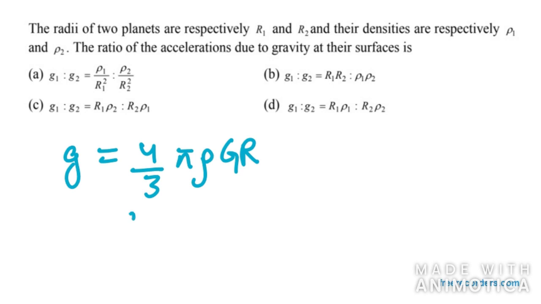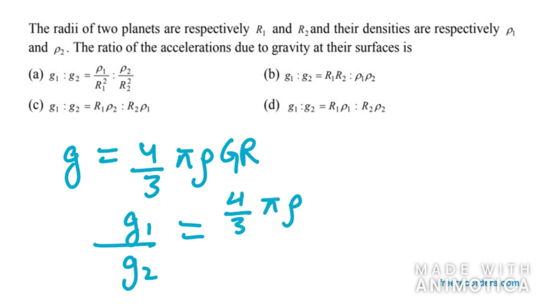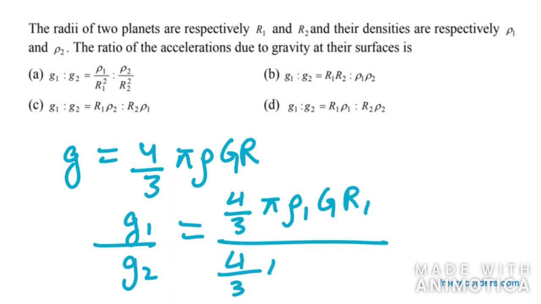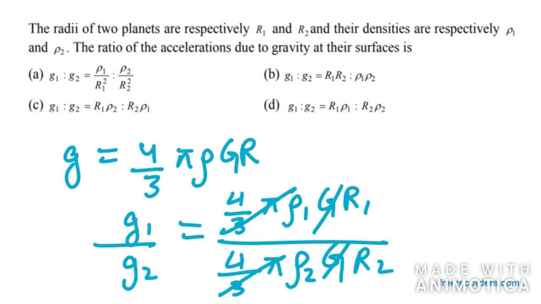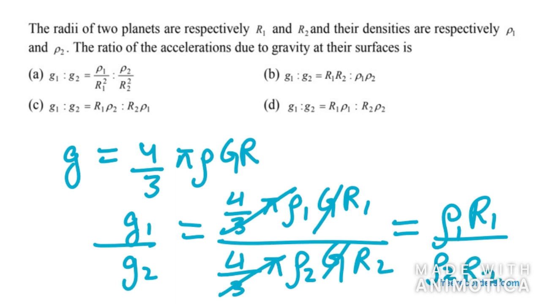We need to find g1 over g2. So g1 over g2 will be 4 by 3 pi rho 1 G r1 over 4 by 3 pi rho 2 G r2. So I can cancel this out, cancel out G as well. So it will be rho 1 r1 over rho 2 r2. So the right option for this is the D part.